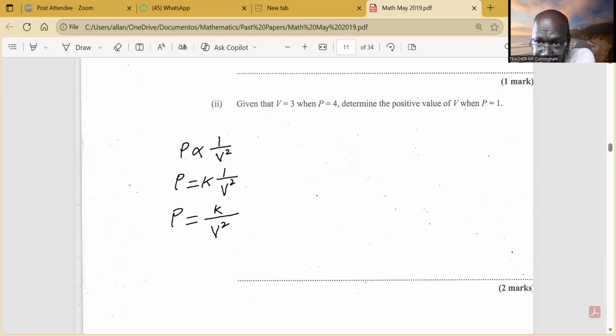Very good. So we're looking for K, the constant.